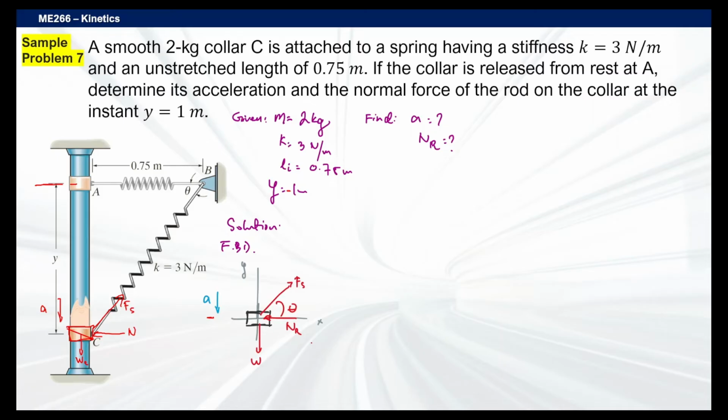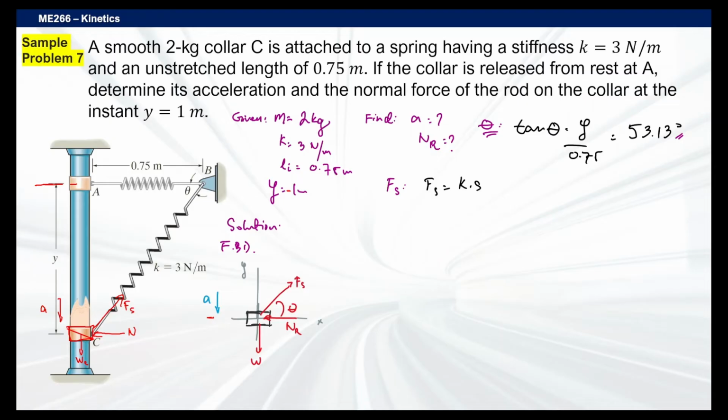Several things we can actually get already. We can get theta since we have the unstretched length and we are given the total displacement of 1 meter going down. That'll be 53.13 degrees. And then we can determine the spring force, which is simply F_s equals k times s.